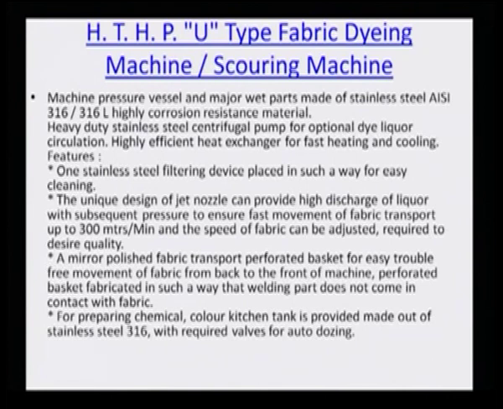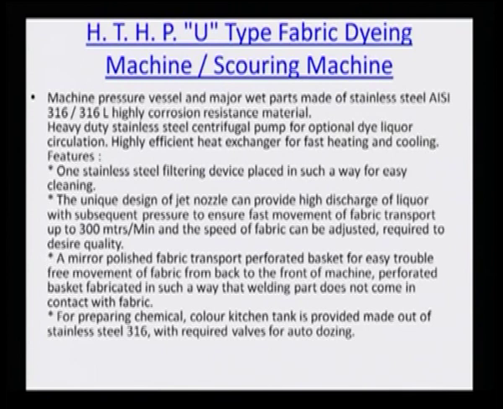One stainless steel filtering device is also placed in a way for easy cleaning. The unique design of the jet nozzle can provide high discharge of liquor and subsequent pressure to ensure fast movement of the fabric transport up to 300 meters per minute.